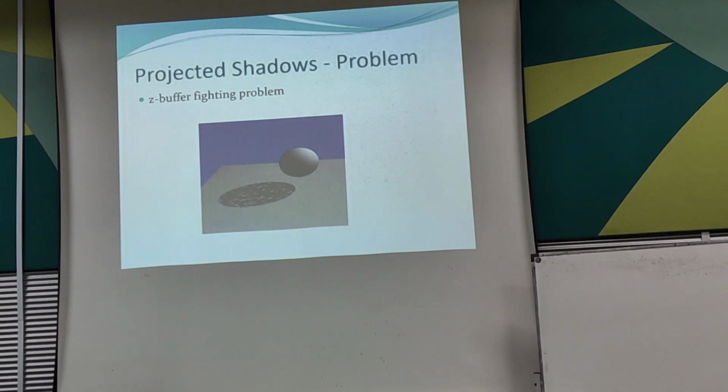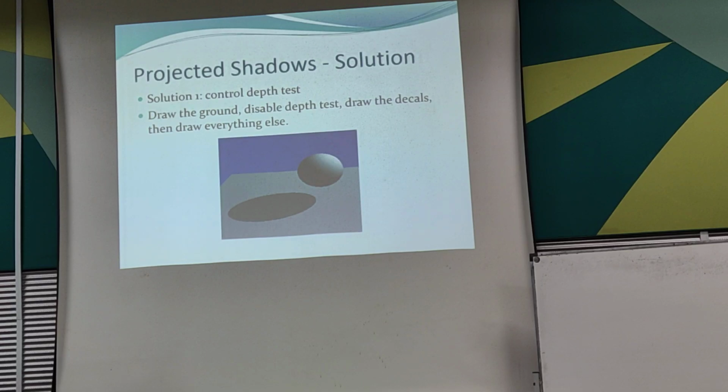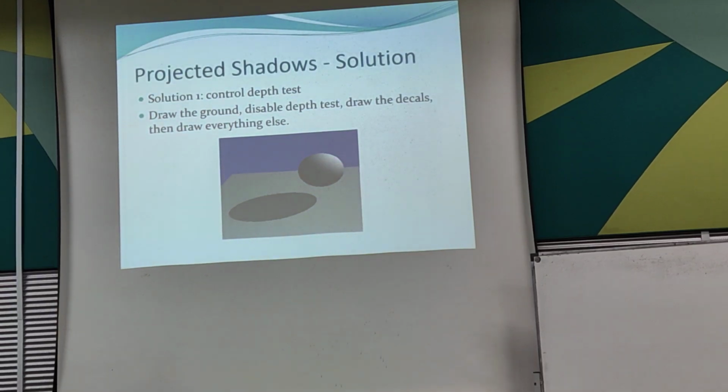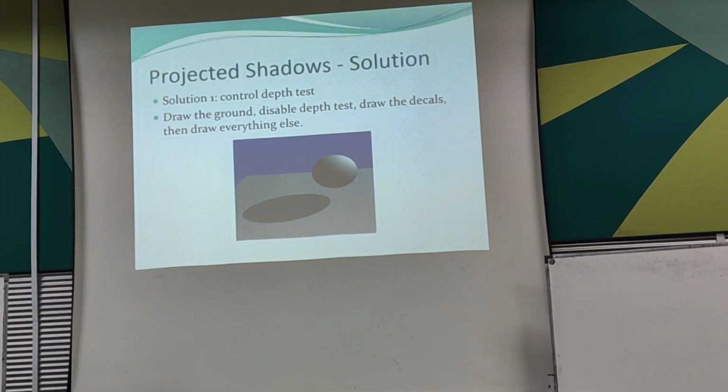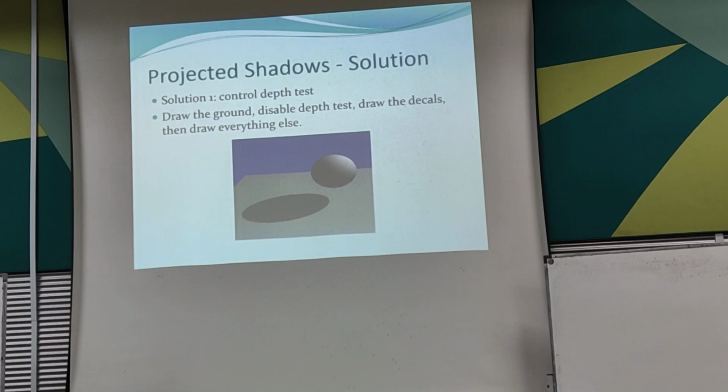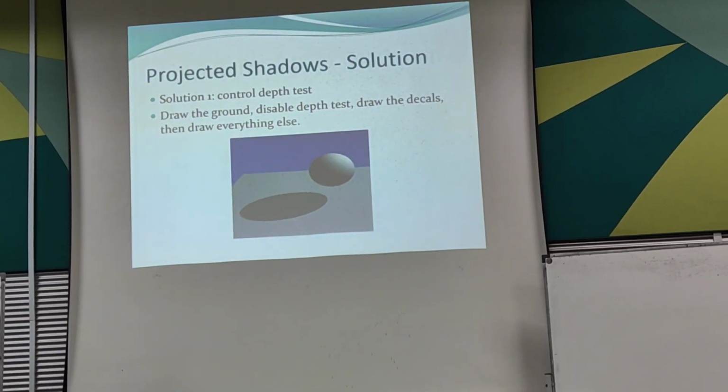We have two solutions. The first solution is to control the depth test. It means you draw the ground first, your plane, then you disable the depth test. Disable the depth test, then only you draw your shadow. The decal here means your shadow, then only you draw everything else. Only disable the depth test for the ground.